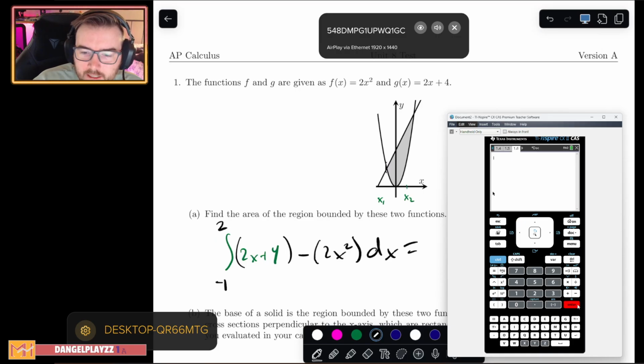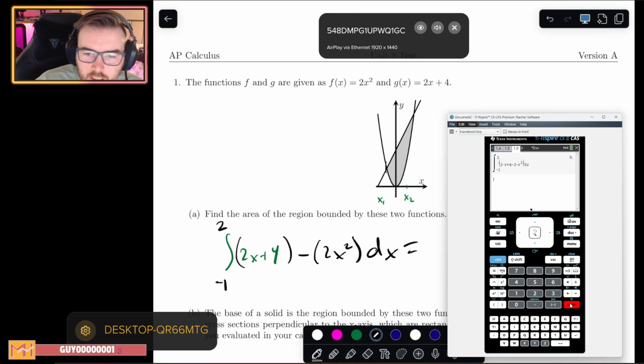It's really not. But we will plug it into the calculator. And we'll do 2x plus 4 minus the parabola below, x squared. And I need the variable at the end, of course.